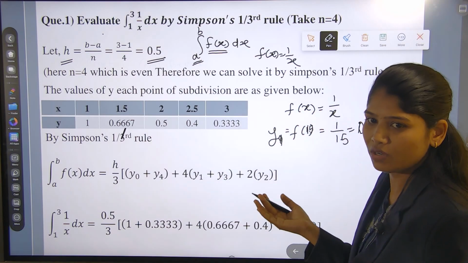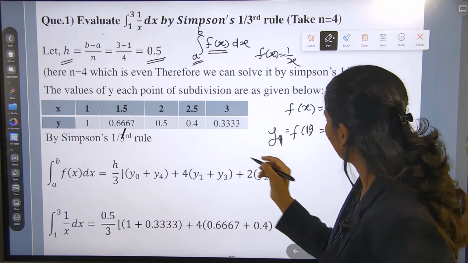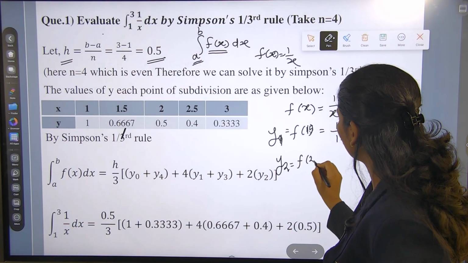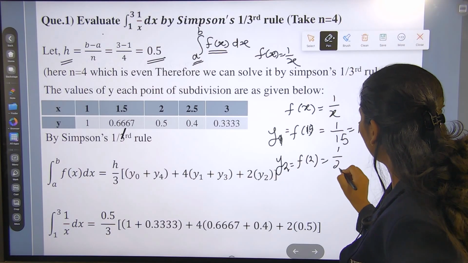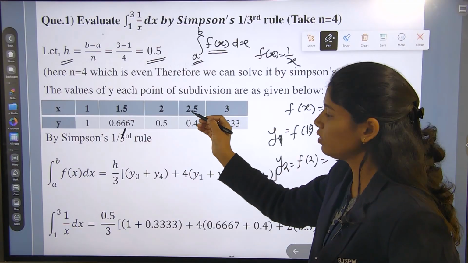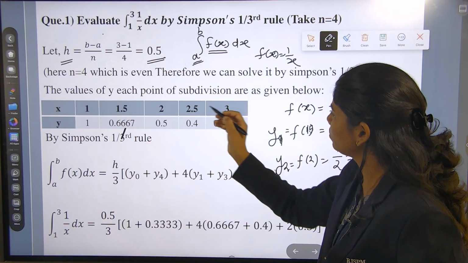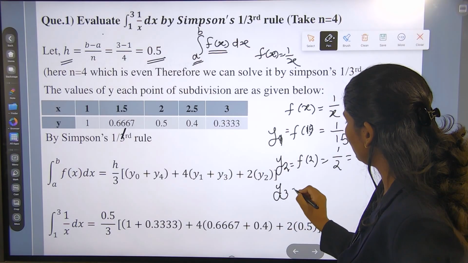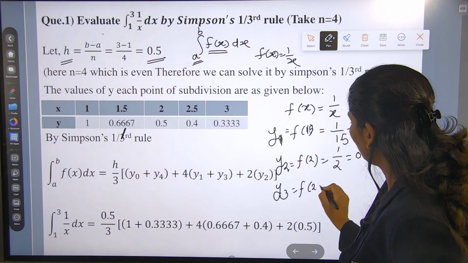Then next put x as 2. So we get y2 equals f of 2, so 1 upon 2. So the answer is 0.5. Then for y3, x equals 2.5. So y3 equals f of 2.5.